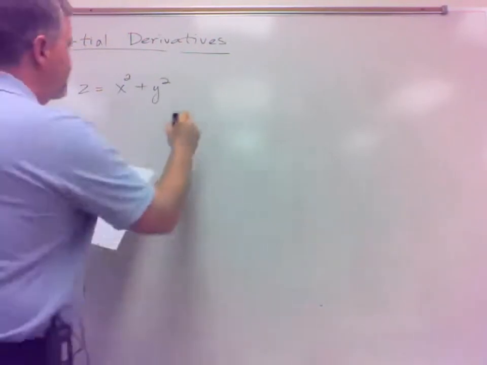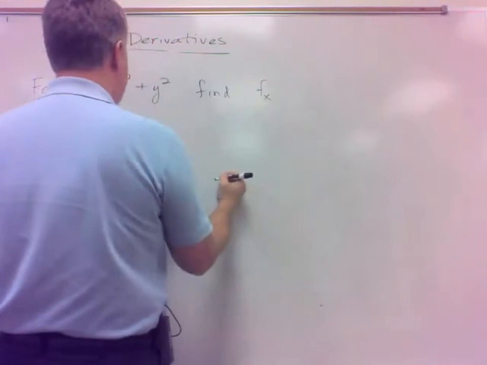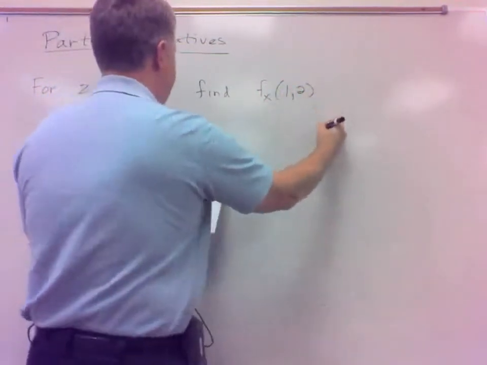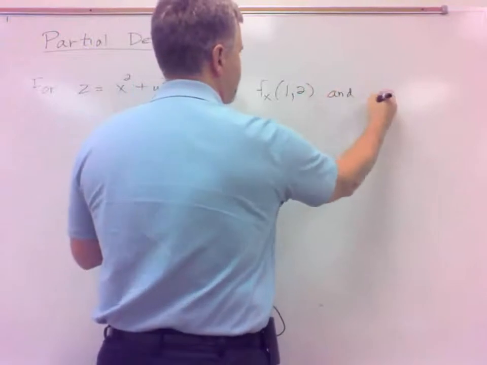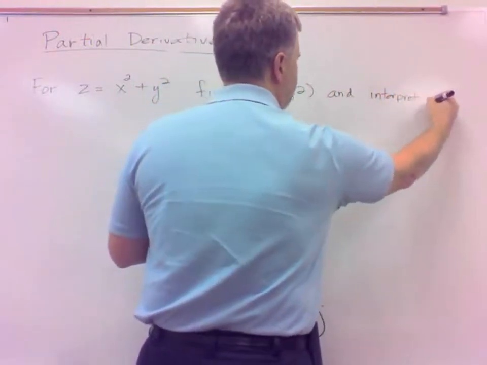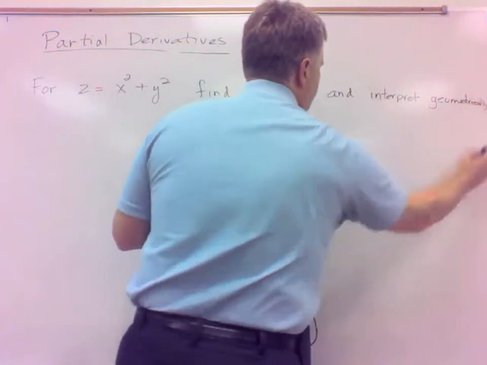Let's find the partial of f with respect to x at (1, 2), and then interpret that geometrically, as a slope.